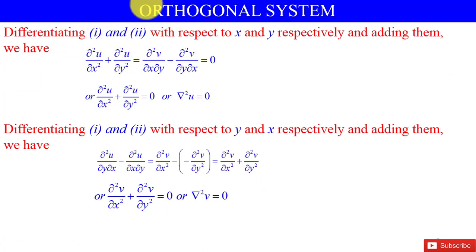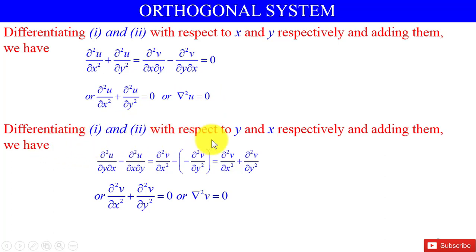Differentiating equations 1 and 2 with respect to x and y respectively and adding them, we have ∂²u/∂x² + ∂²u/∂y² = ∂²v/∂x∂y - ∂²v/∂y∂x = 0, or ∇²u = 0.